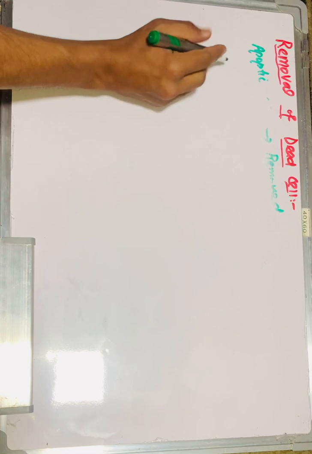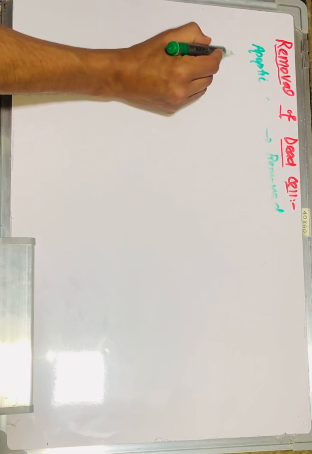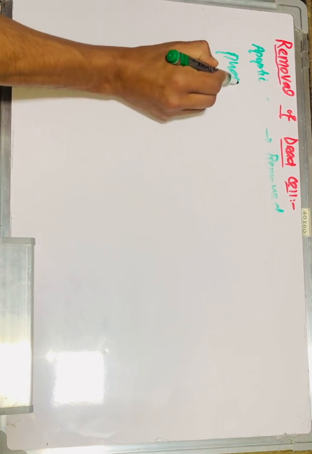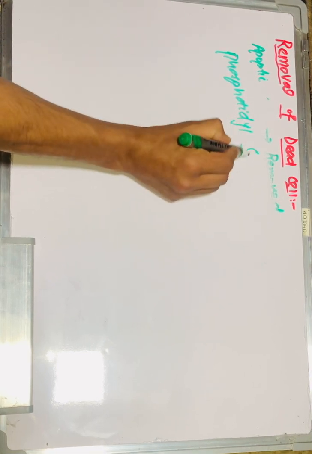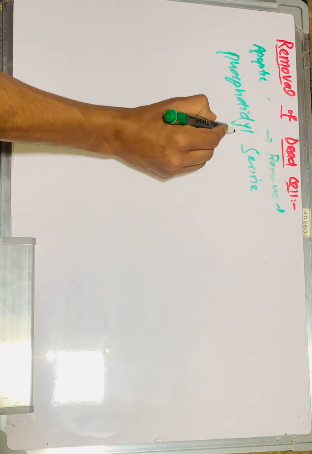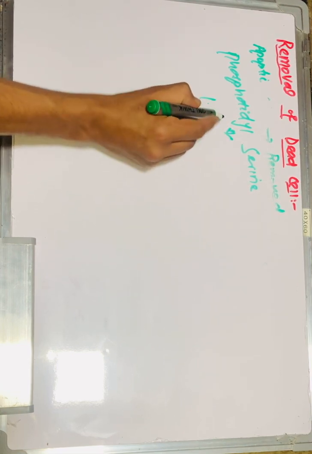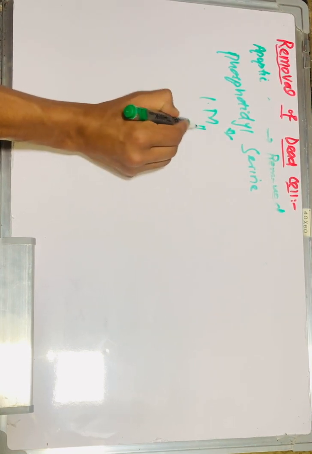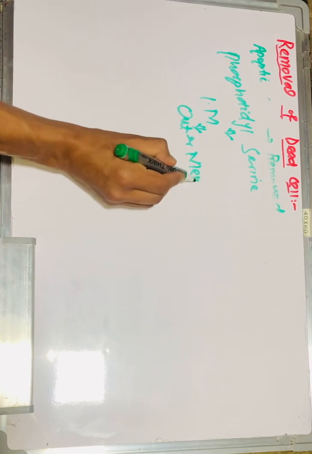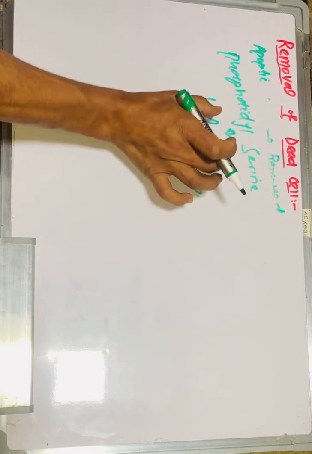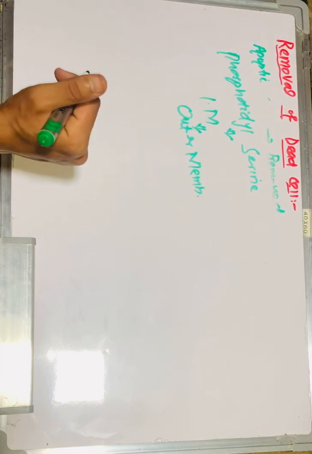What will happen to this phosphatidyl serine when apoptosis occurs inside the cell? It will move from the inner membrane to the outer membrane.